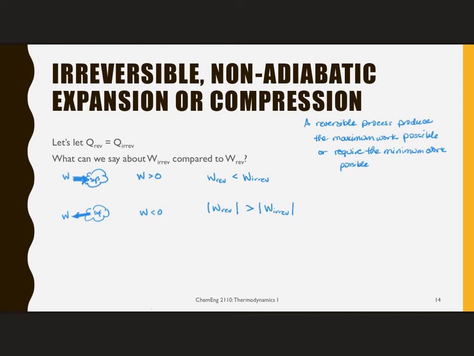So irreversible is going to produce less work, okay? But if you think of it with the signs, then we end up with the reversible work is less than the irreversible work in the sense of signs, okay? And again, this is the work convention that work in is positive.